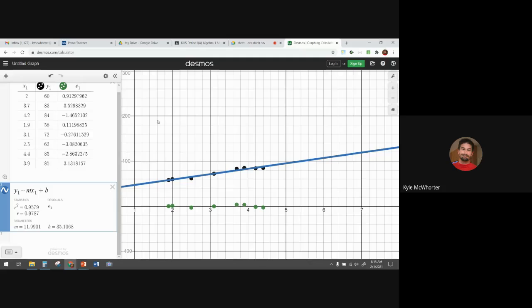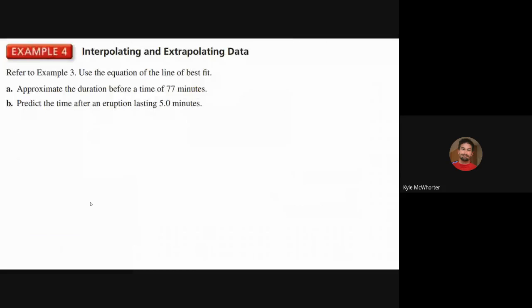We might as well just make it 12 and 35, just to make the math easier. So we're going to say y equals 12x plus 35 is our equation. It was really 11.99 and 35.1, but we're going to round to whole numbers just for this.